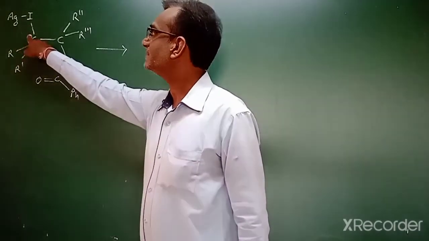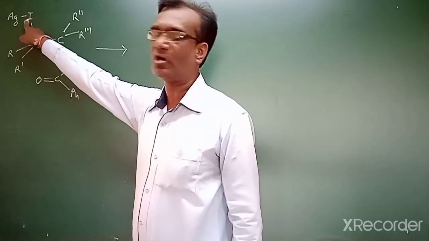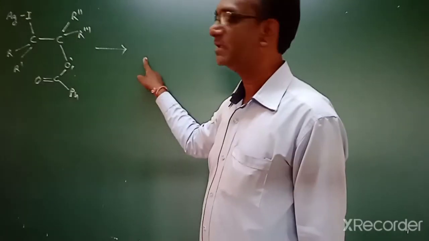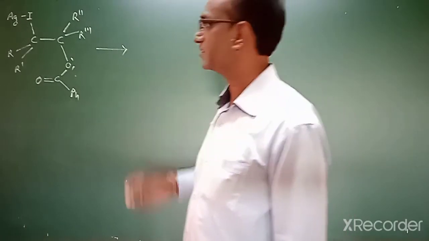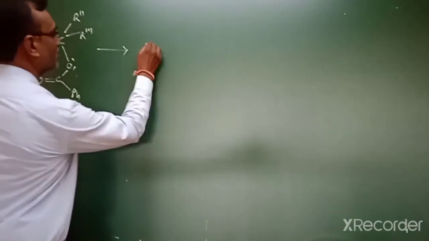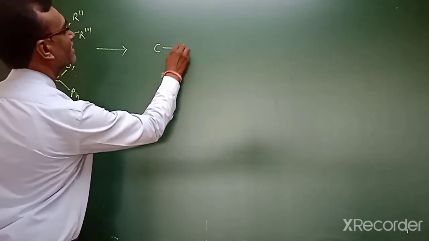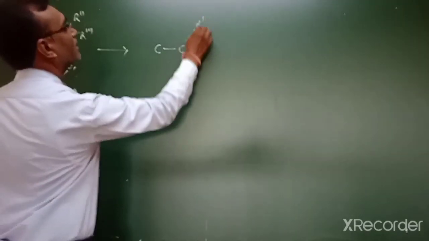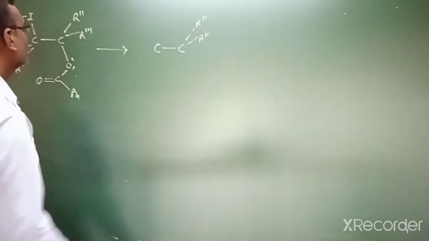For that, this carbon-iodine bond breaks down, and after breaking this bond, silver iodide is given out to form the next mechanism product. In this structure, you can write like this CC. After that, the alkyl groups bonded with the second carbon.